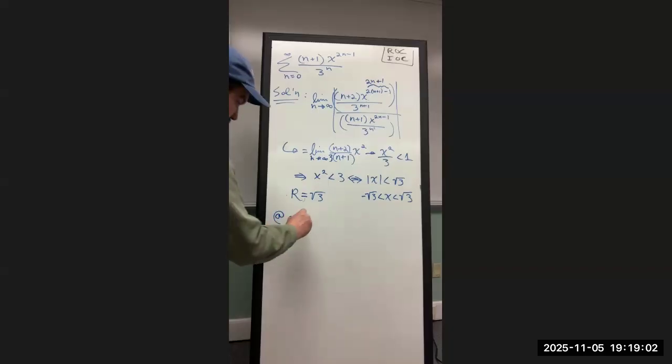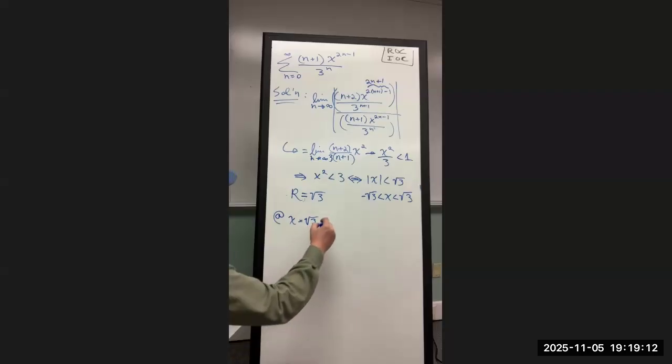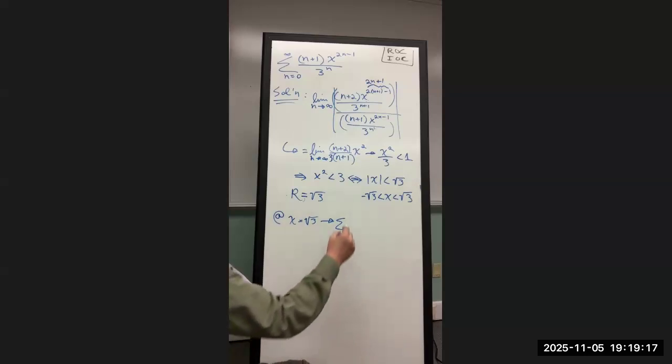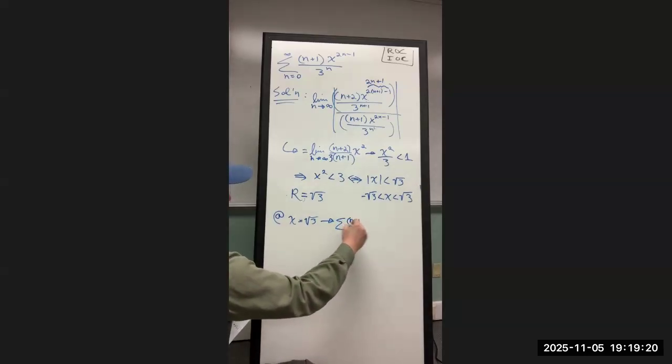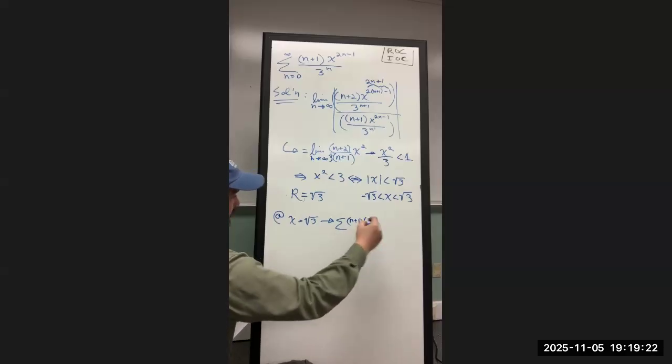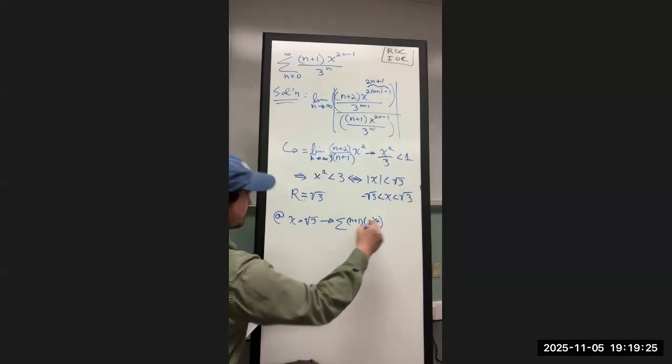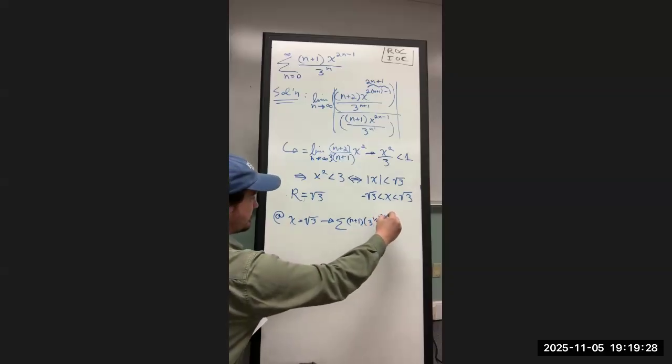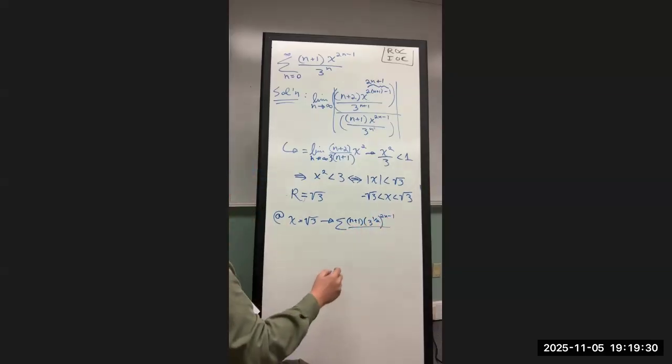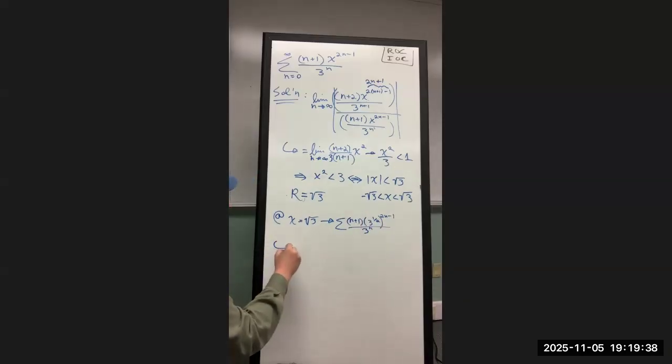So what happens when x equals the positive square root of 3? It's one of the endpoints. What does our series look like? I think the easiest way to see this is to write root 3 as 3 to the 1/2, to the 2n minus 1 over 3n, and do some algebra.